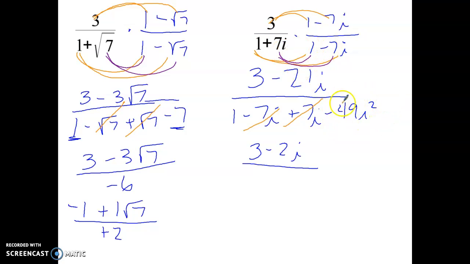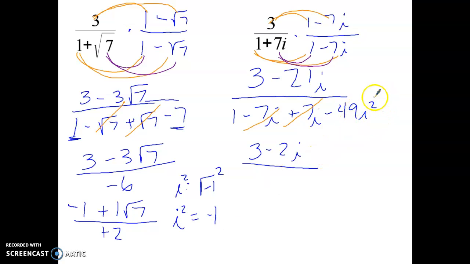Now this one, let's look at that for a second. Do you remember that we said by definition, i is the square root of negative 1? I'm going to write that right here. Let's see. i equals the square root of negative 1. And if I square both sides, then i squared equals negative 1.